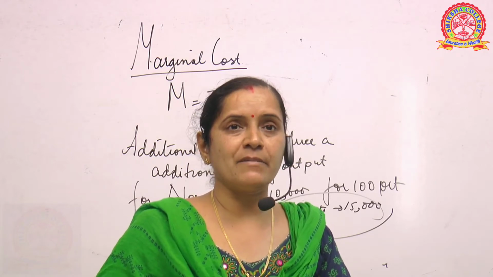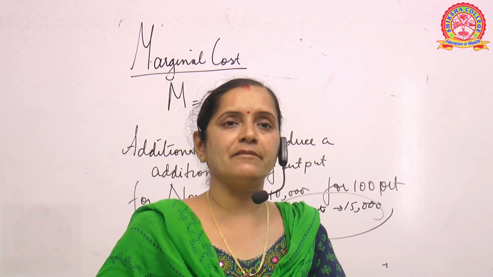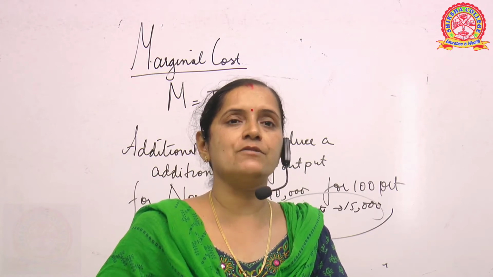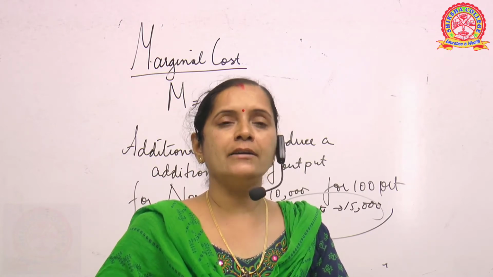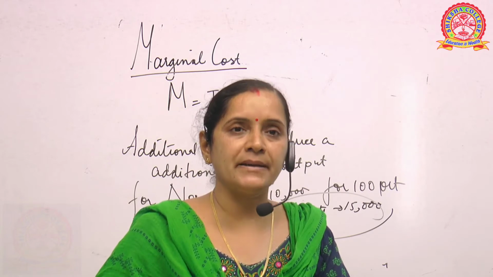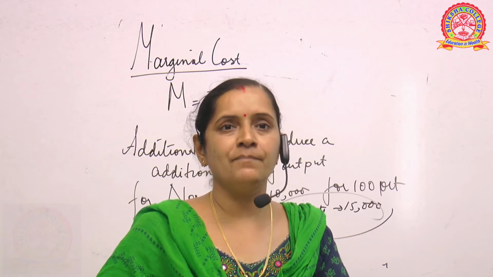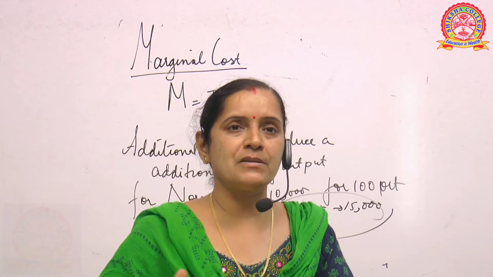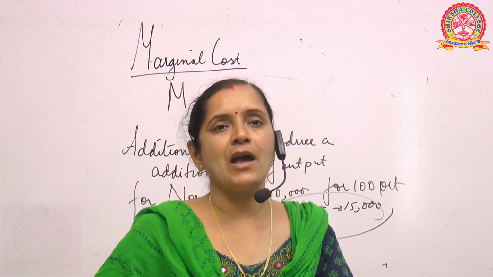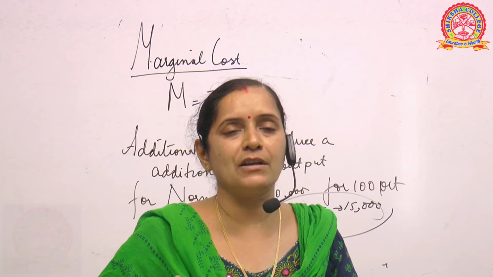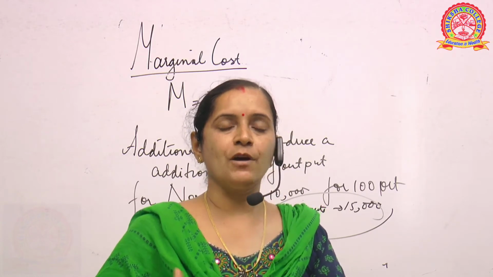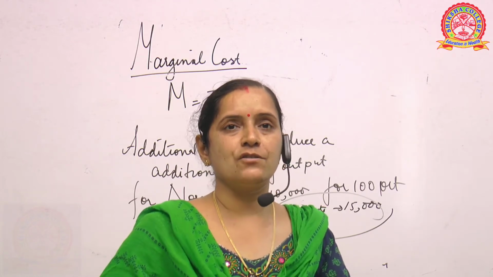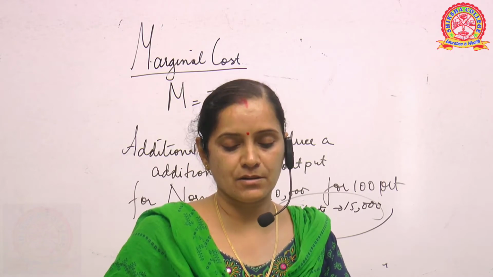But when we are coming to marginal cost, it can be defined as the additional cost borne by the company or the additional cost expended by the company or firm to produce additional unit of output. So if you want to produce additional unit of output, then you have to expend or you have to add additional cost, which is known as your marginal cost.